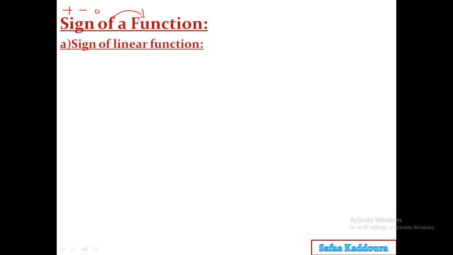This means we want to know when this function is positive, when this function is negative, when this function is zero. We will start today with linear function, then we will go to quadratic function. Let's start with explaining the sign of linear function.